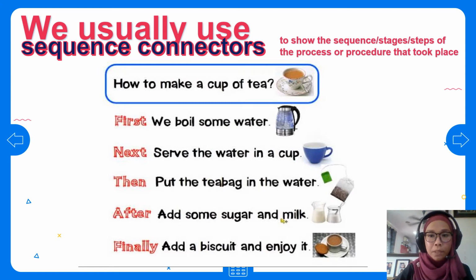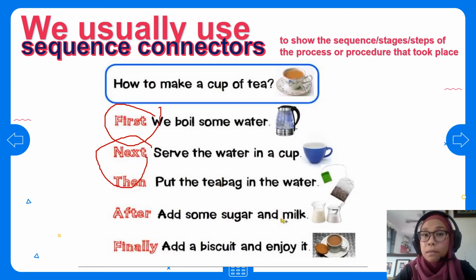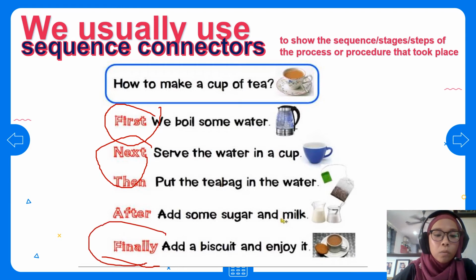For example, how to make a cup of coffee, or how to make a cup of tea. Everyone knows how to make a cup of tea, right? The sequence connectors are first, next, after that, then, after, and usually for the last one we will use finally.